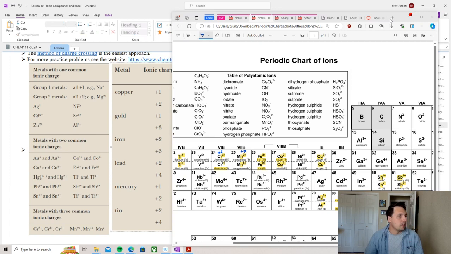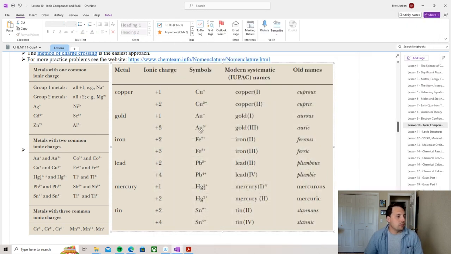Cool. Now, why is this important? Well, because each of these charges changes the compound, and it changes its properties quite a bit. When we go to name these cations, we want to make sure that we specify which charge it is. So we'll write the charge using a Roman numeral immediately after the name in parentheses.